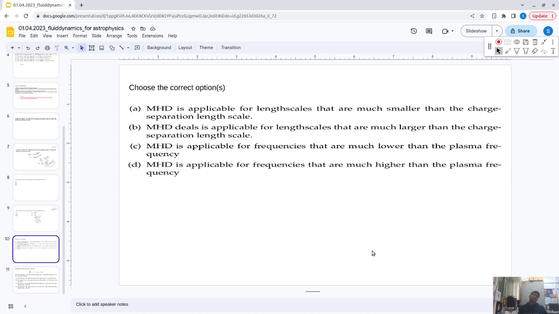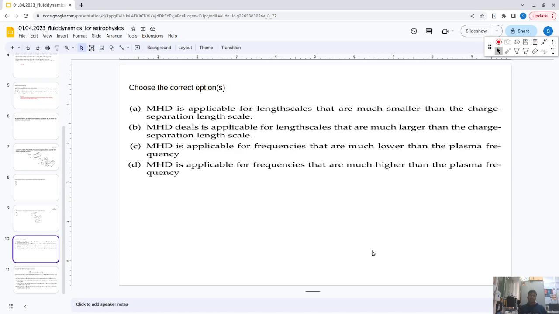First of all, there should be some quasi-neutrality. What does quasi-neutrality mean? You have charged particles within the plasma, right? It says that you are considering a particular length scale large enough so that the charge ensemble enclosed by that length contains almost the same amount of positive and negative charge.